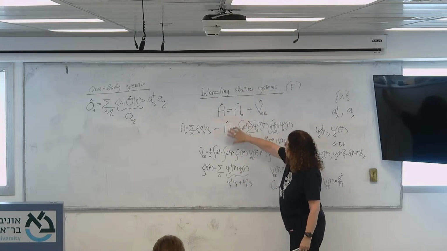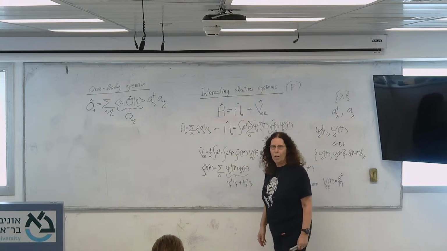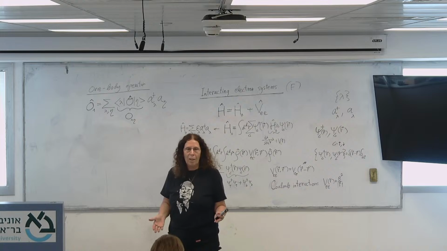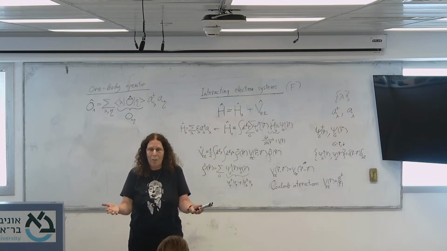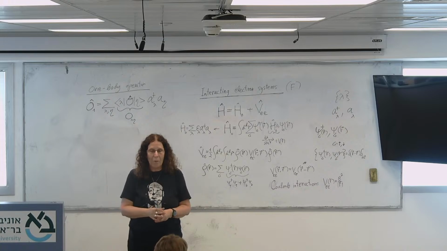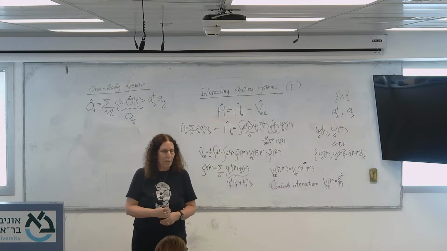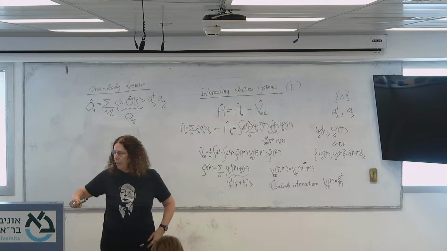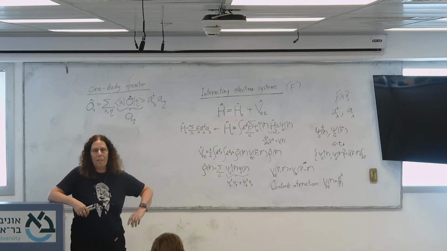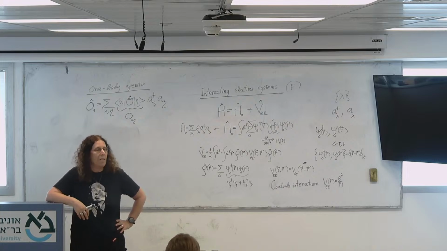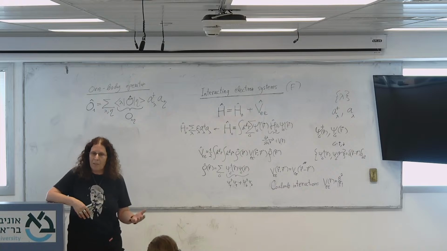What I wrote here is very general, and now what is the problem we have to solve? We have a Hamiltonian, we have to solve a Schrödinger equation. If you like, we have to find what are the quantum states, what are the eigenstates, what is the spectrum of energy, what is the ground state.